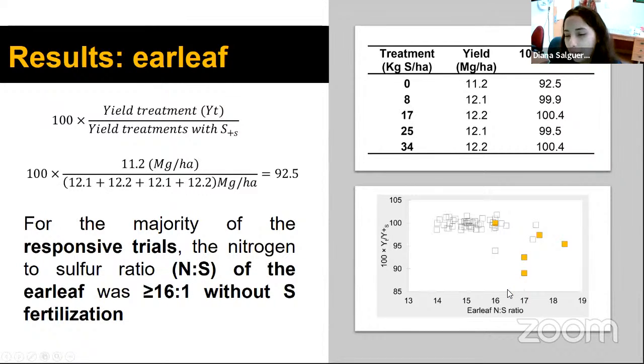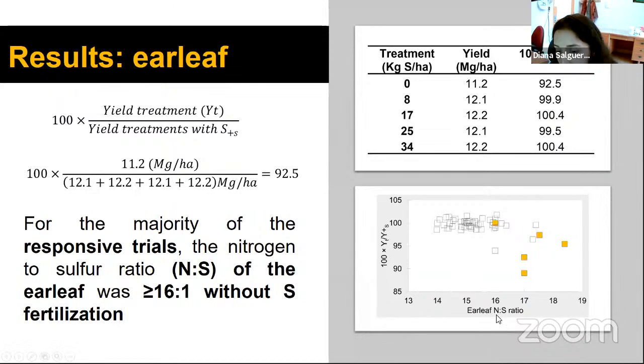So far, what we concluded from here is that at most locations where we did see an increase in yield, the nitrogen to sulfur ratio was equal to or greater than 16. However, as you see, we have some points that are above that threshold where we wouldn't see a significant increase in yield.